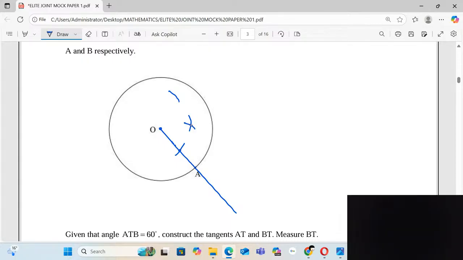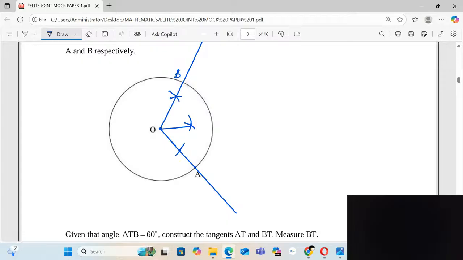Then standing at this new point, you can make another arc there. You can now join O to this new point, then extend it so that you have this one as point B.